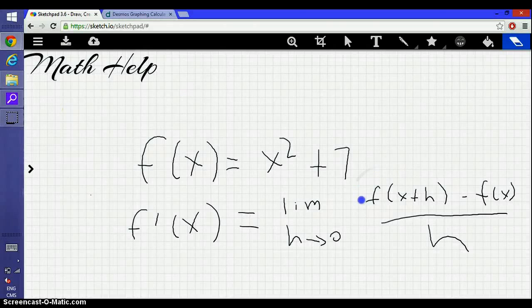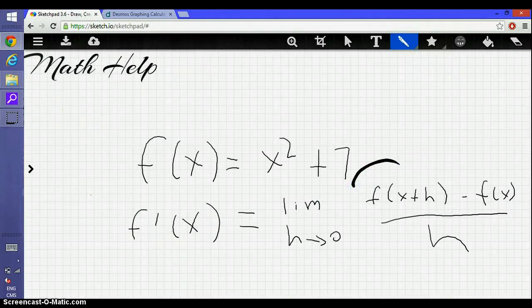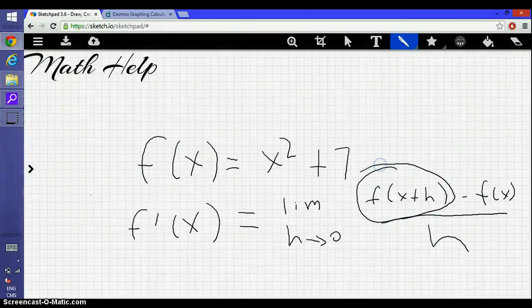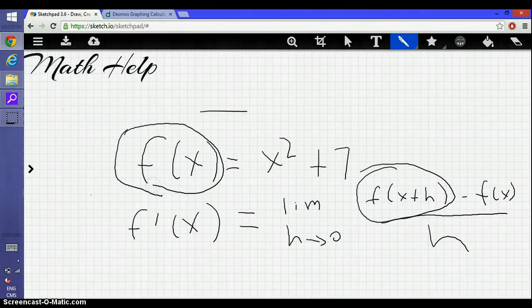For f of x plus h, basically what this means is that everywhere that you see x in this equation, you replace it with x plus h. So this x squared would become x plus h squared. Then you subtract the function f of x. You take this function and substitute it where it says minus f of x, so it'd be minus x squared plus 7. The h remains as is.